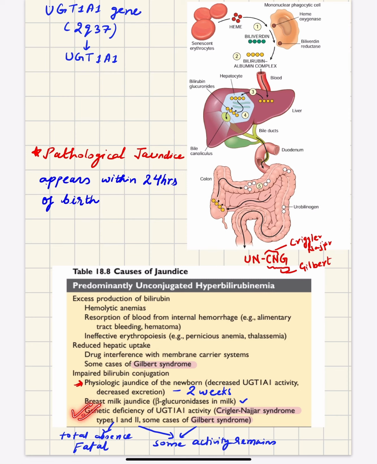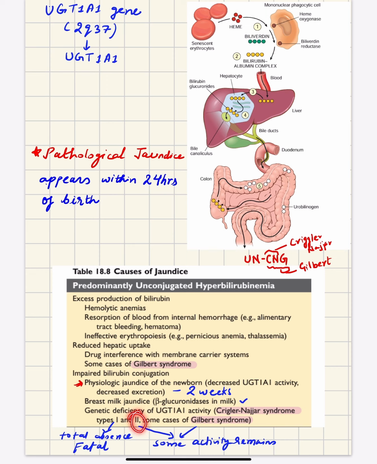Then the third scenario is certain genetic defects in which there is deficiency of the UDP glucuronide transferase enzyme. So the conditions are Crigler-Najjar syndrome types 1 and 2. In type 1, there is total absence of this enzyme, so it often proves fatal for the newborn.